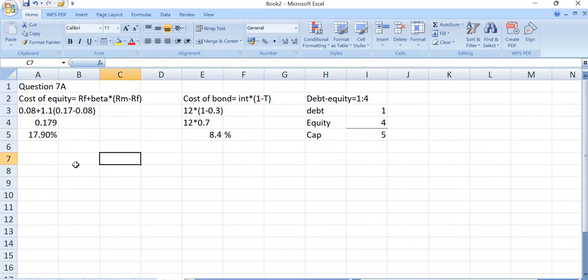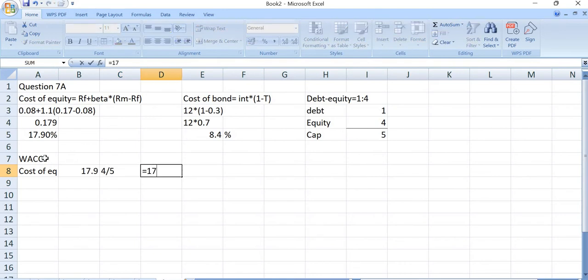Now weighted average cost of capital. Cost of equity, that is 17.9 percentage, multiplied by weightage. How much is my weightage? 4 by 5 is my weightage. So 17.9 into 4 by 5, plus cost of bond, that is 8.4, this will be 1 by 5.